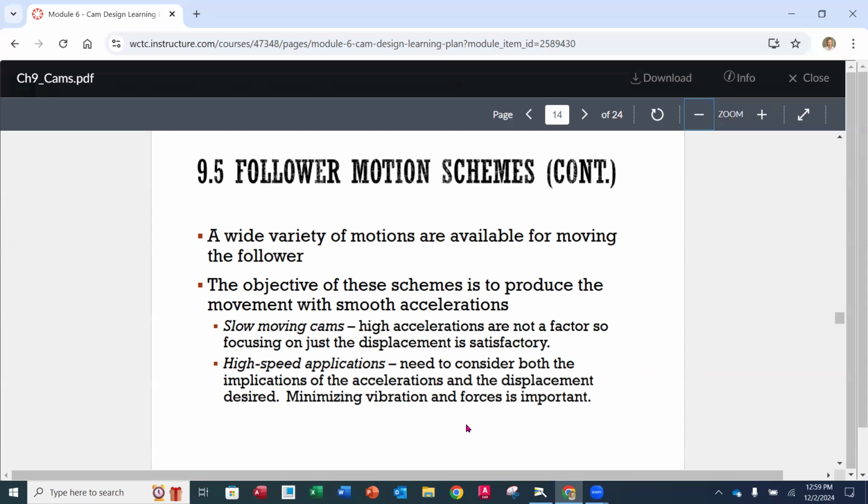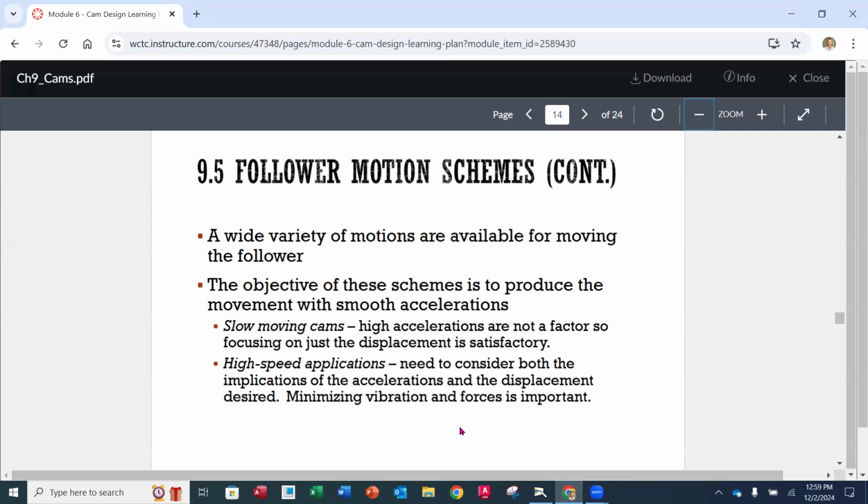We'll talk about that in a little bit. But when we have high speed applications, now we need to be more aware of being a little bit more smooth in and out with those accelerations so that we minimize vibration and we ensure that we keep the follower in contact with the actual cam itself. That's really important because if it's not in contact with the profile of the cam, then it's not imparting the motion that we need.